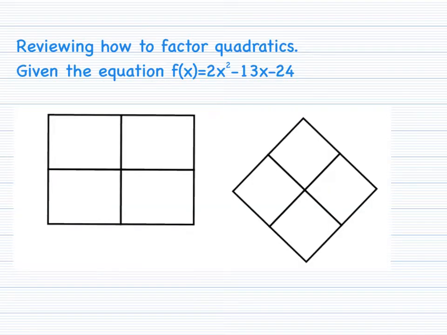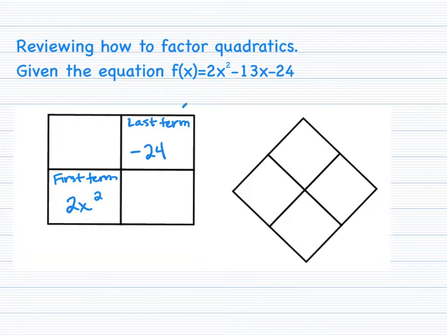Wednesday/Thursday. So I want to review how to factor quadratics because some people were able to do the initial factoring and then got stuck on the quadratics part. So for the first step, we put your first term, 2x squared, and your last term, negative 24.